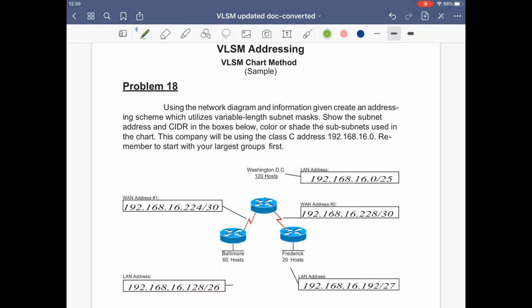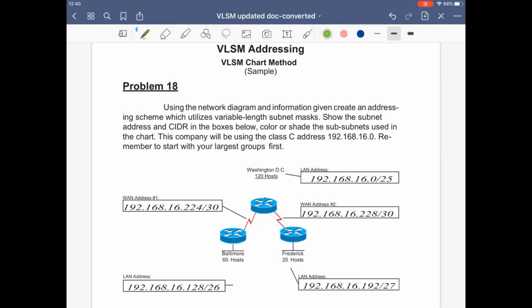Second network is 60 hosts, and 2 to the power 6 is more than 60. So 6 bits will be off, 2 bits will be on. IP address starts from 192.168.16.128, and the broadcast ID for network 2 is 192.168.16.191.